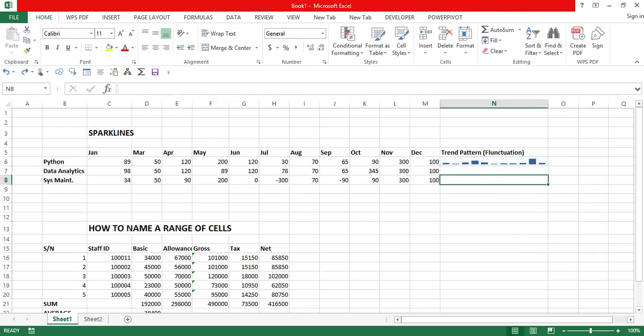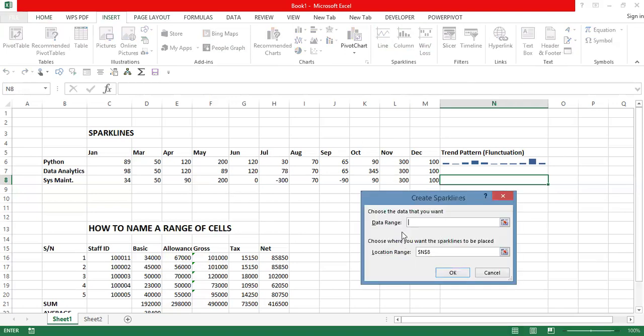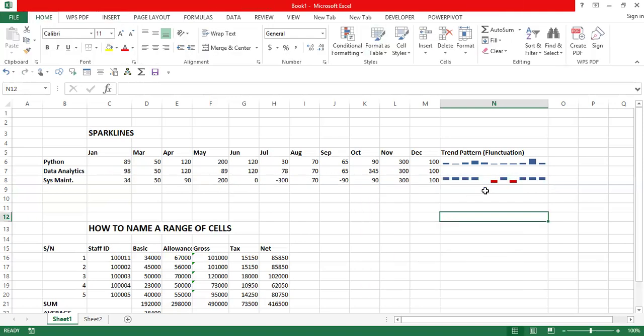Here I deliberately introduced some negative numbers to illustrate situations where you use the win/loss sparkline, the profit and loss one. If you click that and you highlight this range, click OK. You can see the loss will be red, the other ones are blue.